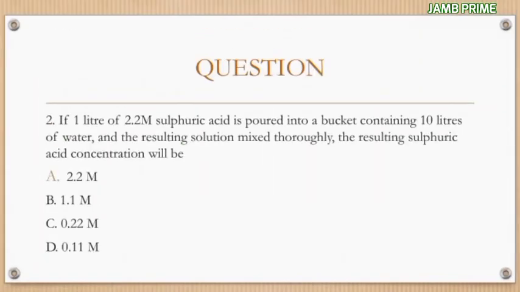They are asking, the resulting solution means, the resulting sulfuric acid concentration will be dash. That is to say, the resulting acid concentration in the 10 liters of water is dash.